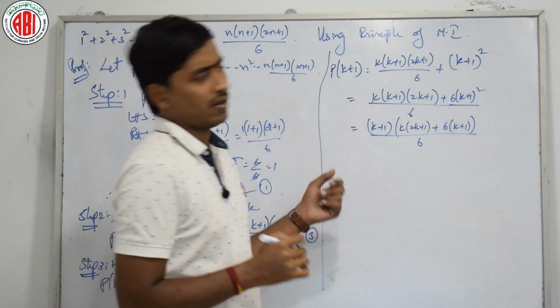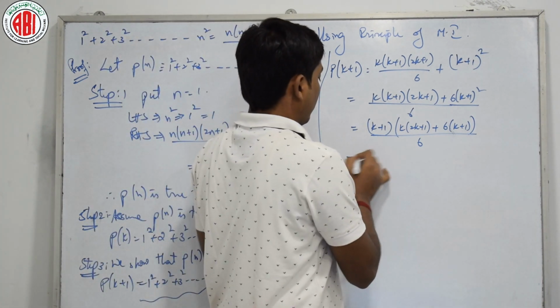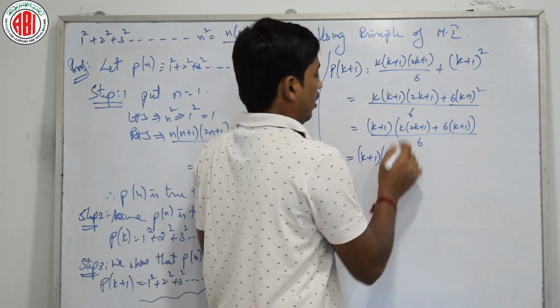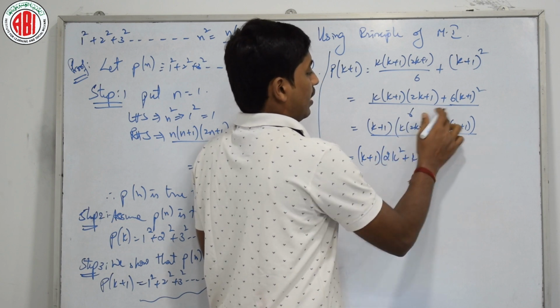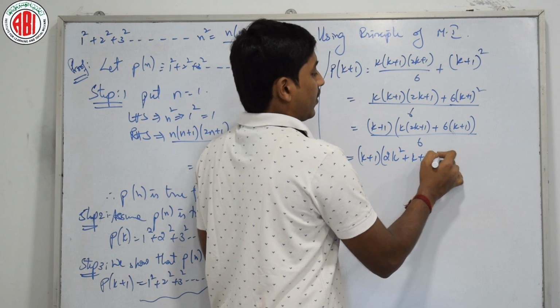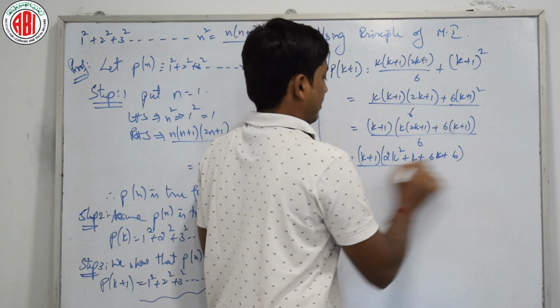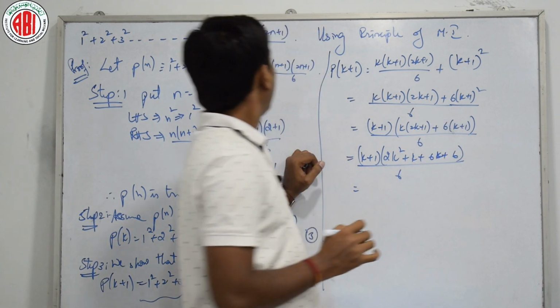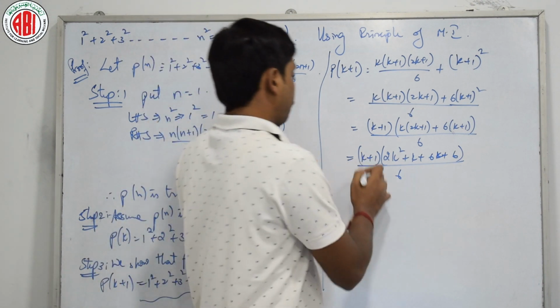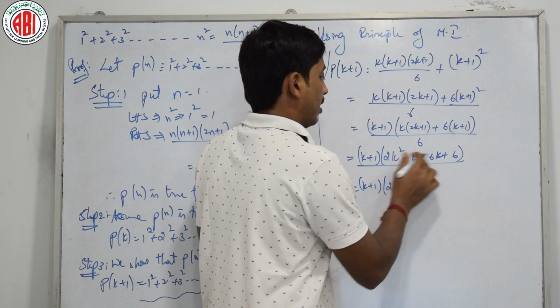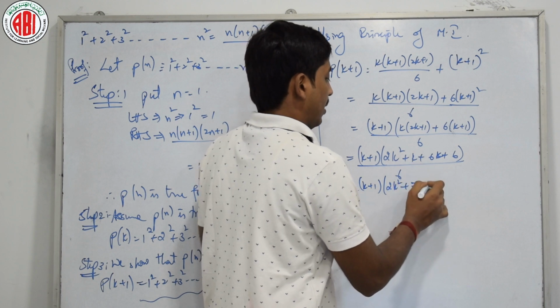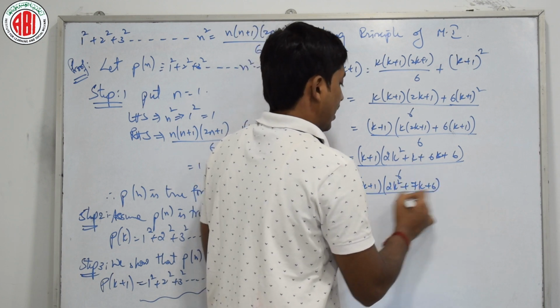Let us simplify and check whether we are getting the required condition or not. k into 2k is 2k square, k into 1 is k, plus 6 into k is 6k, plus 6 into 1 is 6. Fine. k plus 1 into 2k square plus 6k plus 1k is 7k plus 6, divided by 6.